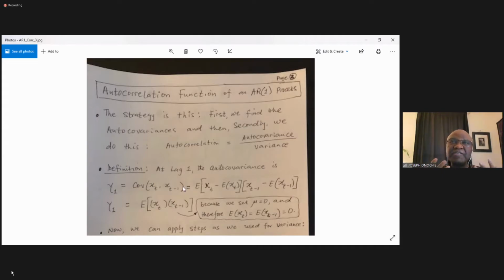Let me back up to what you learned in your earlier courses. What is the covariance between variable x and variable y? It is x minus the mean of x, times y minus the mean of y.